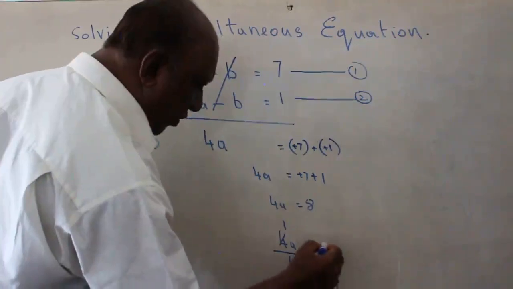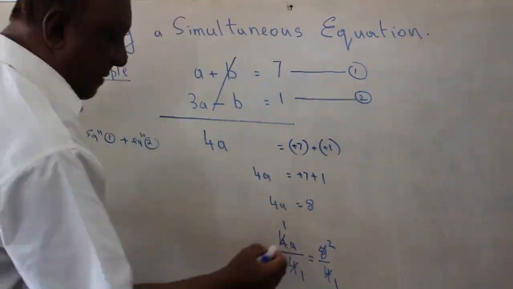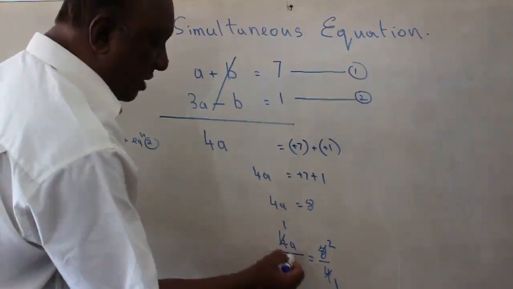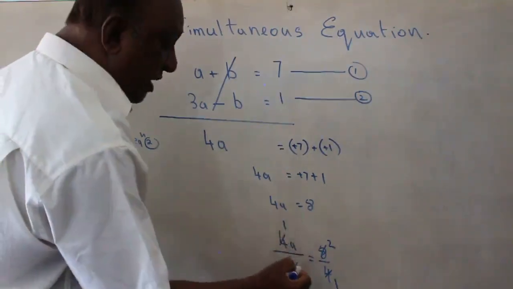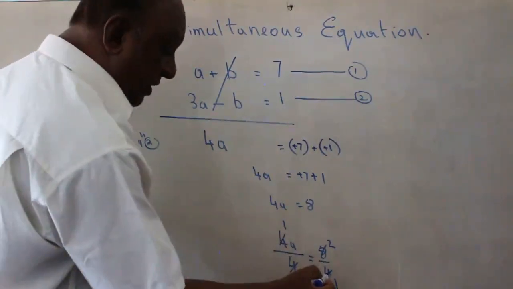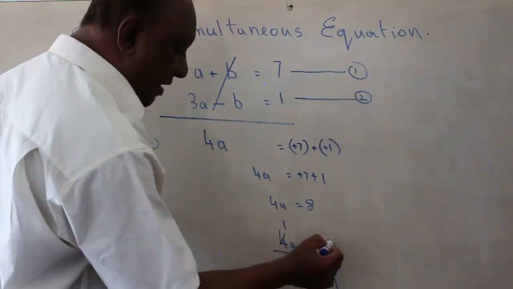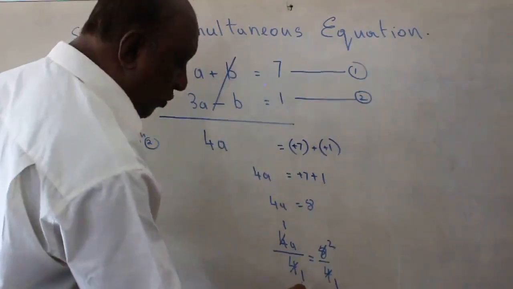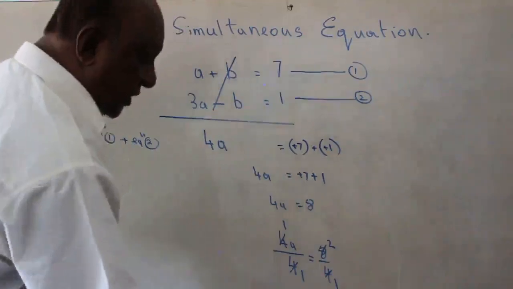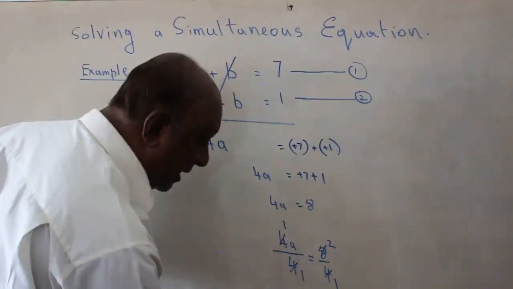What am I doing here? I am dividing the top and bottom by 4. 4 divided by 4 is 1. If I divide at the bottom, I will divide at the top. These are fractions. 8 divided by 4 is 2. So a upon 1 is equal to 2 over 1, which is a is equal to 2.